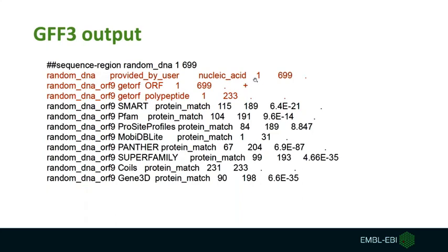So for example, in the first case, it gives us the idea that the nucleotide sequence had a length of 699, and the ORF was predicted on the complete nucleotide sequence. Then we have the rest of the matches for that particular nucleotide sequence. I have removed some of the information, but this is the summary view that you can have for the GFF3 output.